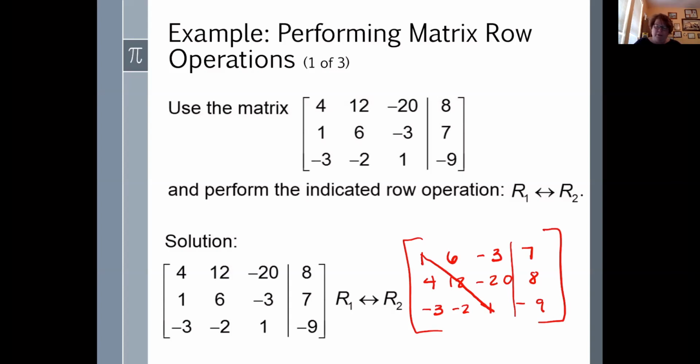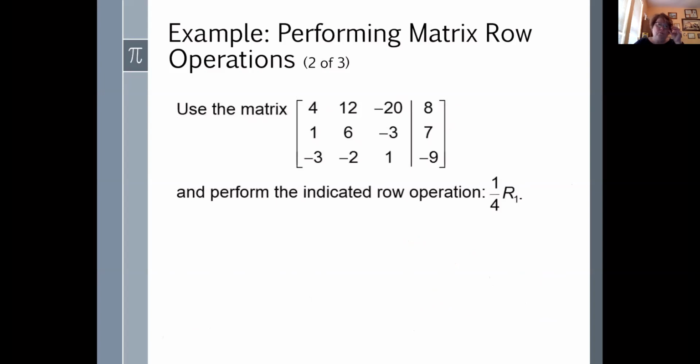All right, let's try another row operation. What does this row operation say? It says to take the entire first row and multiply it by 1/4. 1/4 R1. Take the first row and multiply it by 1/4. So we take every element in the first row and multiply it by the number 1/4.